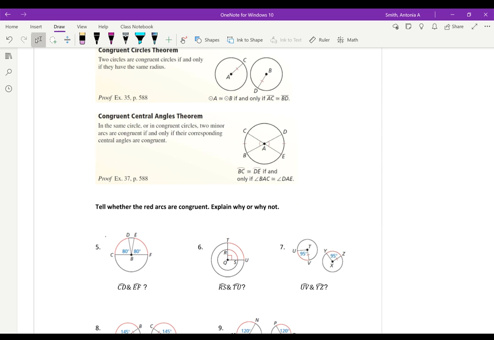Second theorem, the congruent central angles theorem. This theorem says that if you are in the same circle or in congruent circles, then 2 minor arcs are congruent if and only if their corresponding central angles are congruent. So the only way for arcs to be congruent is if those central angles are congruent.